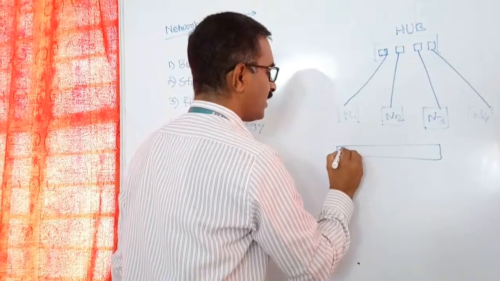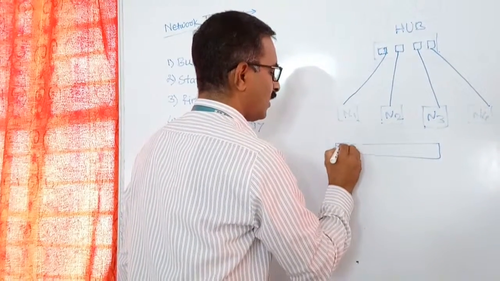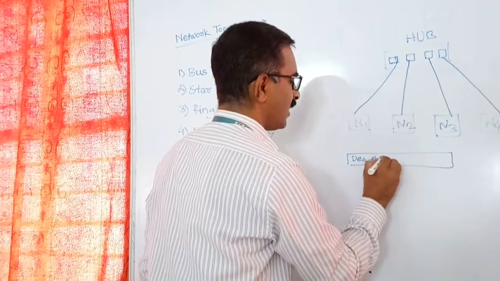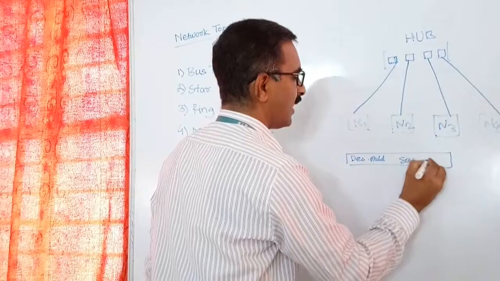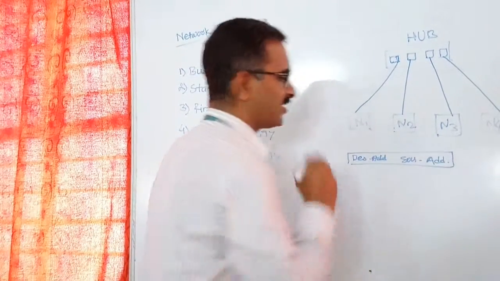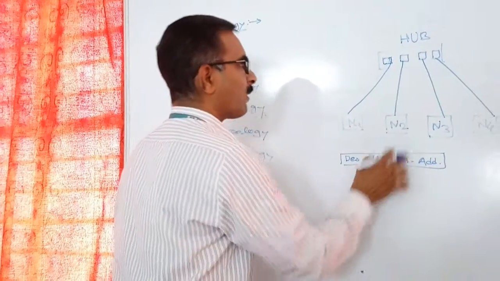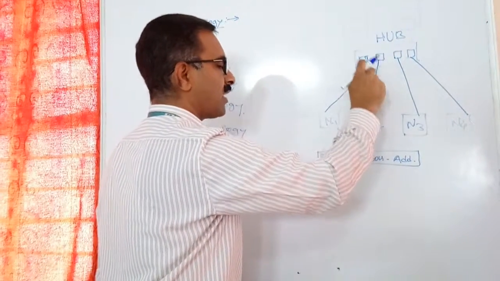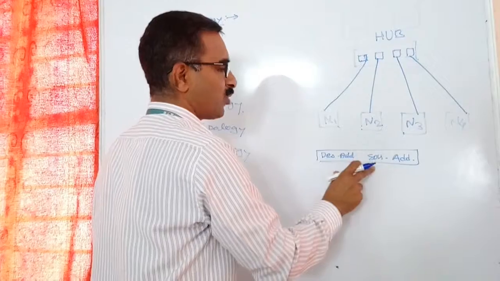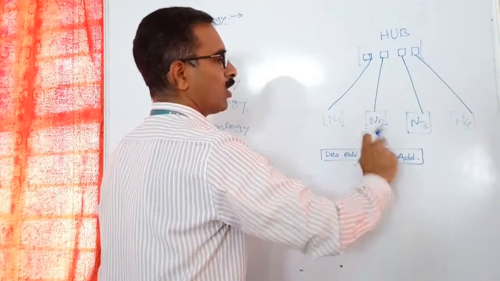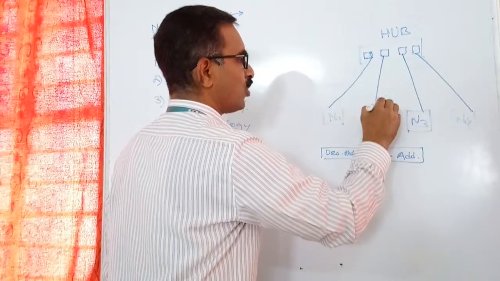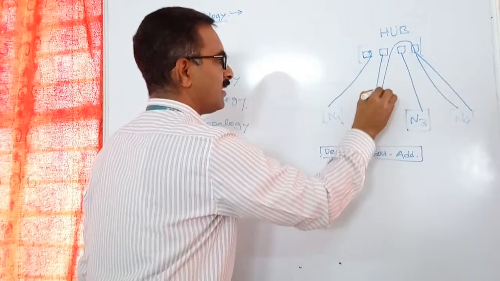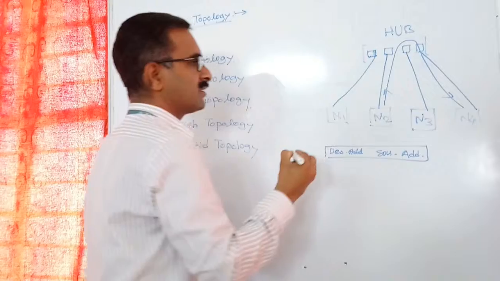At that time a packet is generated, having the destination address along with the source address and the form of the request. This packet is shared with the hub, and the controller gets the idea that N2 wants to communicate to N4. So here the communication happens like this.